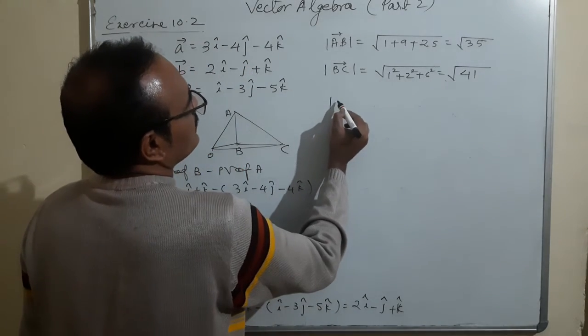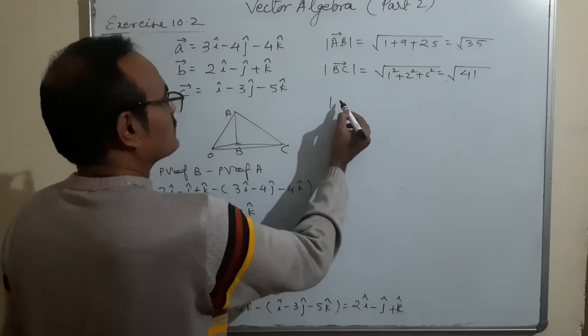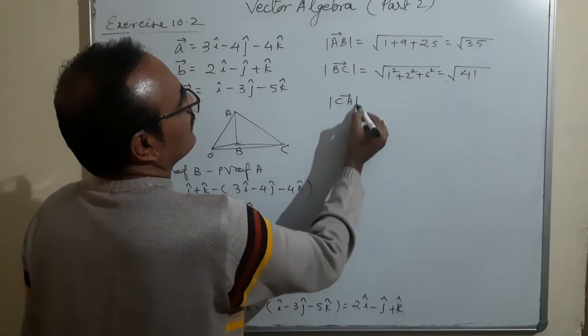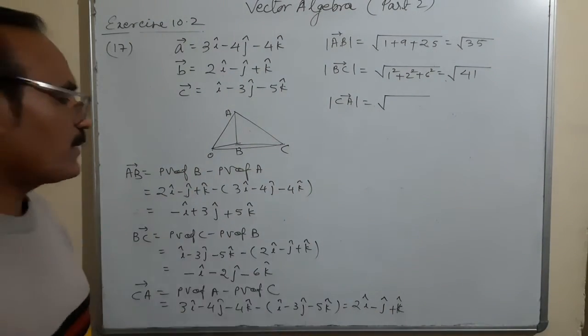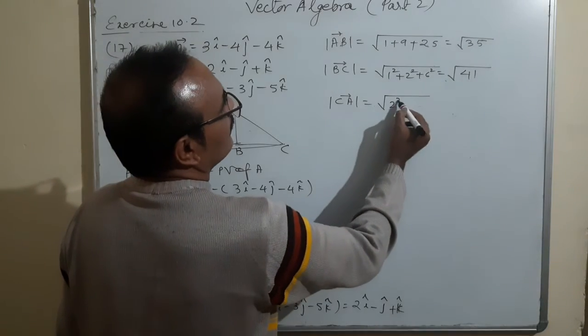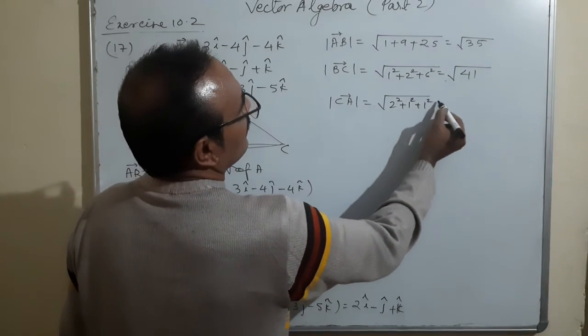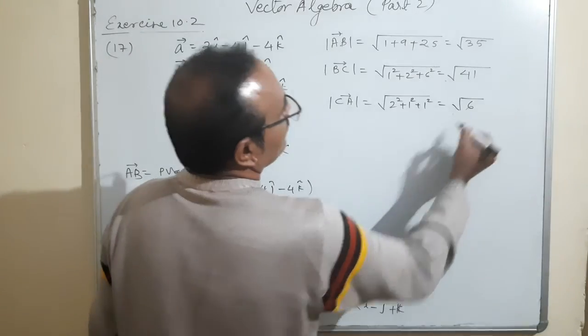And third one is CA: 2 square plus 1 square plus 1 square. So it is 6.